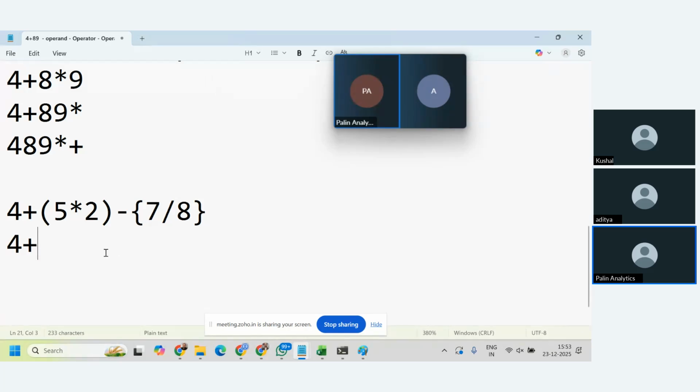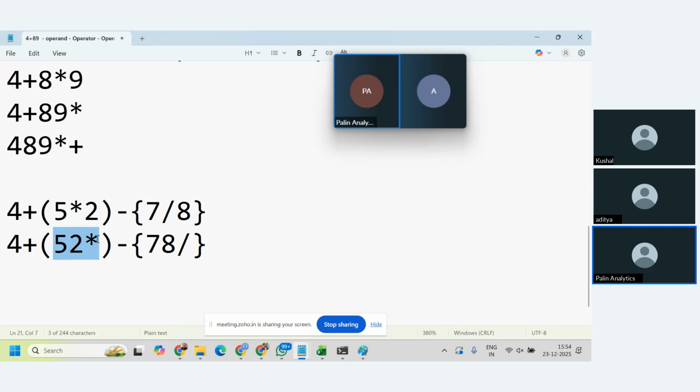Now there is this bracket. So first of all, there is priority of this small bracket, right? So it will convert this: this will be converted like 5 2 into, then minus. And in the next step, this 7 by 8 will be converted to postfix, and this will be 7 8 divided, right?